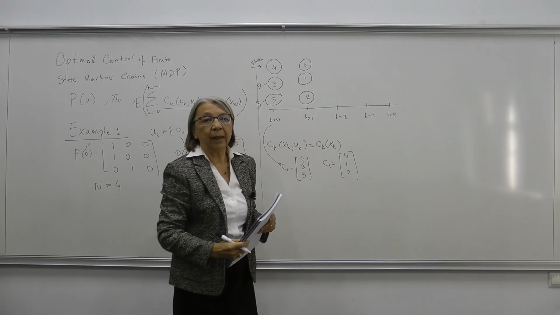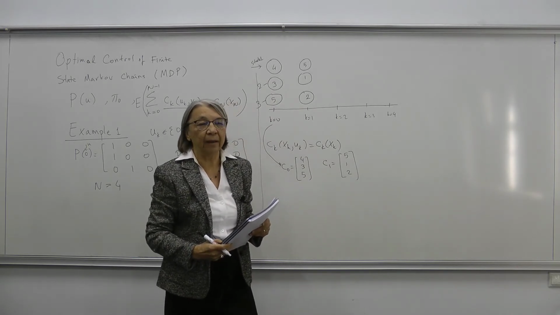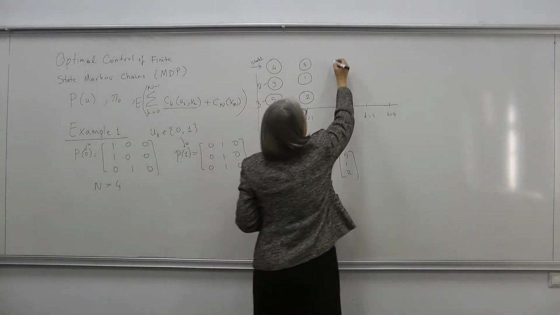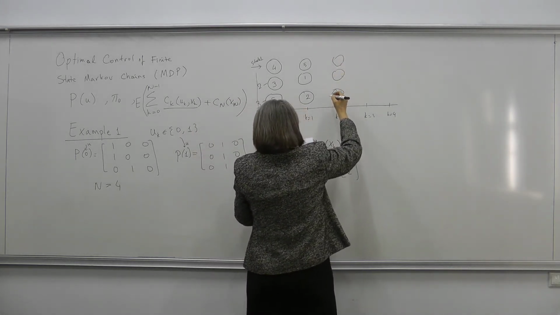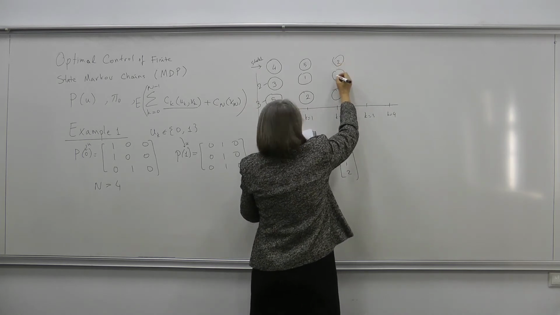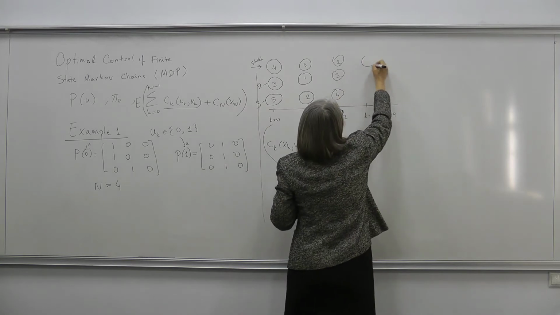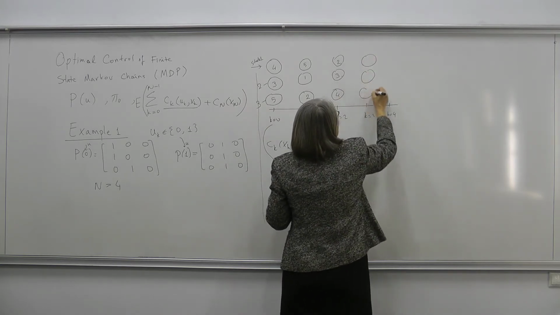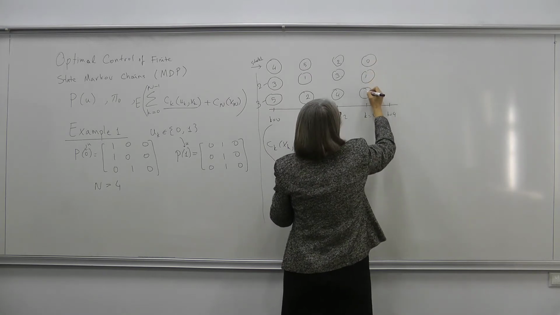As you can see, the incremental costs here are not stationary. I mean that they are not time invariant. And for that one, we have similar incremental costs, 2, 3, and 4. And then we have 0, 1, and 2.